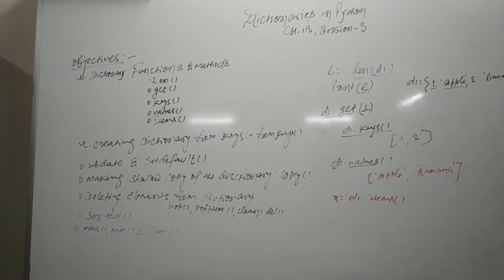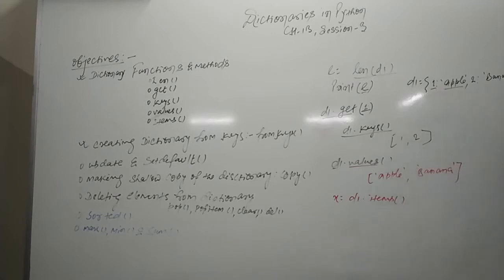So, any query? len is a length method. get is just to find out the value of a particular key that you pass. Keys will simply give you the keys of the dictionary, all keys will be printed as you can see here. The values function simply gives you all the values of a particular dictionary, like in this case.